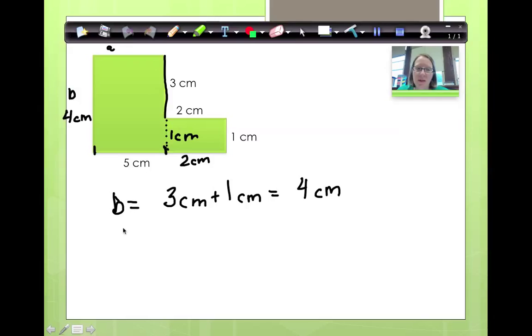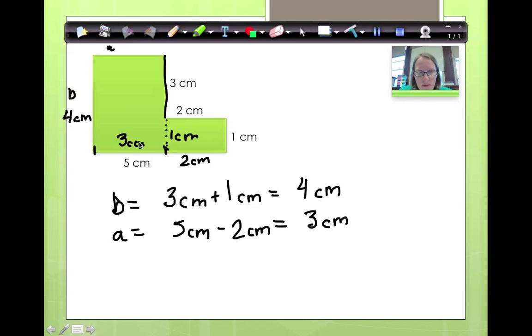Well, how about if I do a subtraction problem? So I'm looking for my side A. I'm going to have to do 5 centimeters take away 2 centimeters. 5 take away 2 is 3 centimeters. So I know that this is 3 centimeters. Whoops. If that's the case, then this is going to be 3 centimeters.